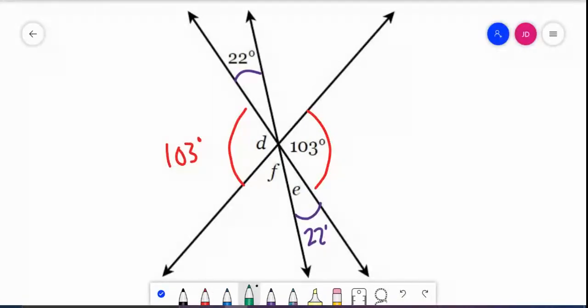We have a straight line here. Right there. If I drew it correctly, we have a straight line there, right? This part is 103. This part is 22. So to figure out this part right here, I have to do 180 minus 103 minus 22.